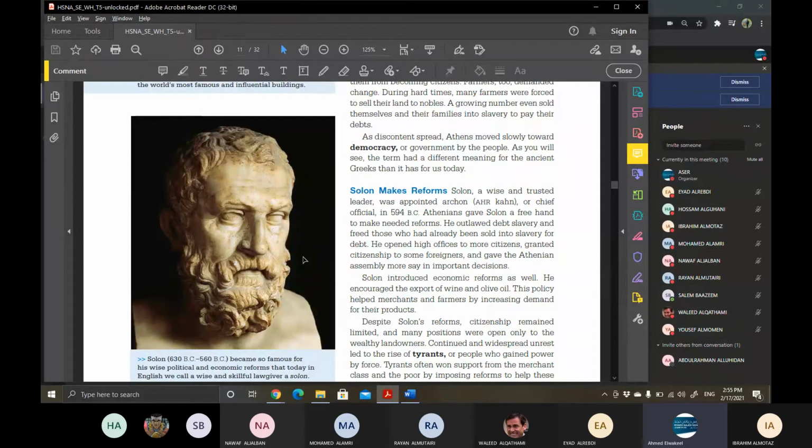But later, because of corruption, people started to seek power so that they could obtain money. Once again, they started to seek power for money.